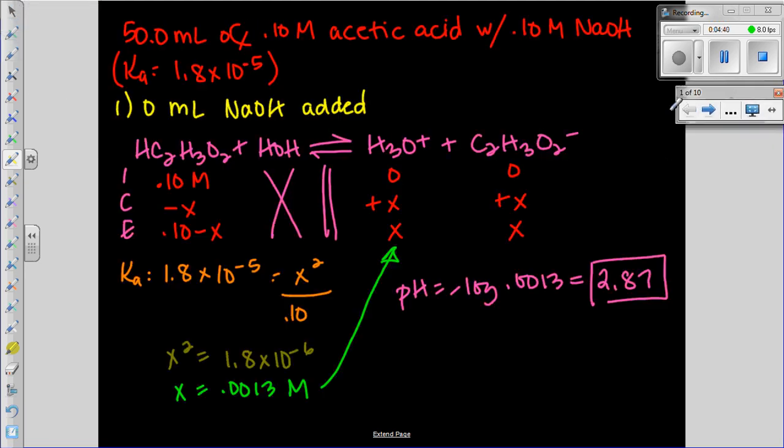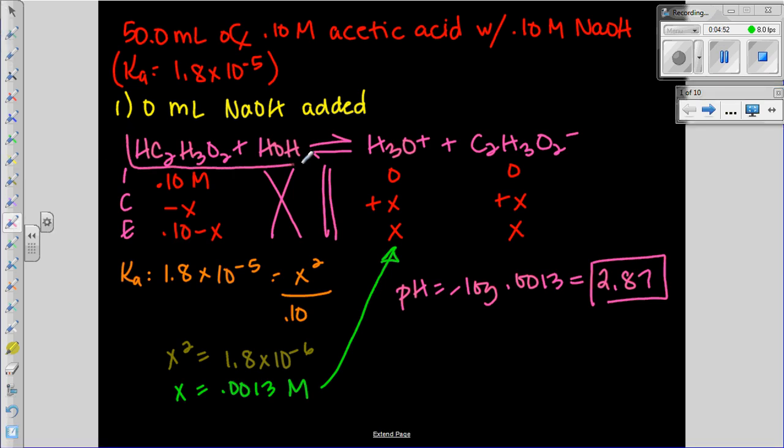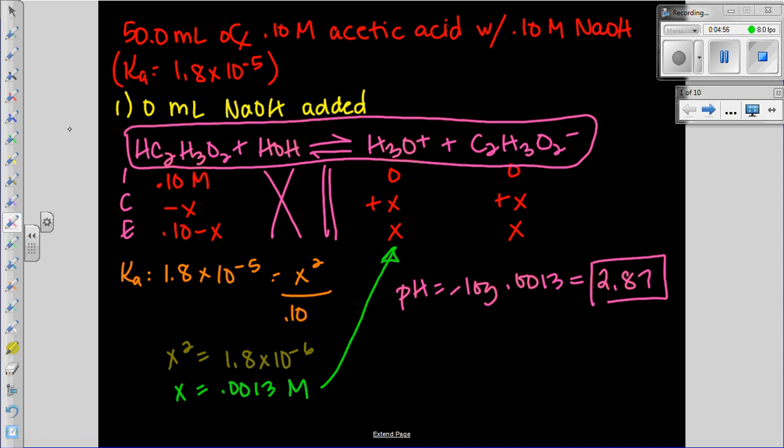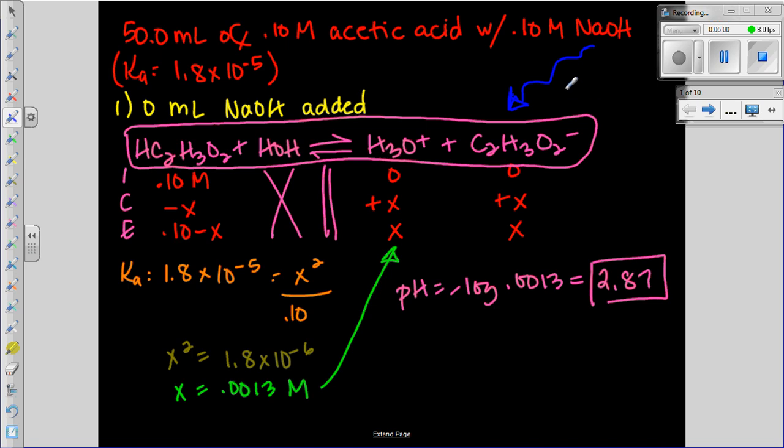All right, so I go back. I have 50 milliliters of 0.1 molar acetic acid. So this is the equilibrium to which I am adding the sodium hydroxide. So I'm adding this strong base to it.